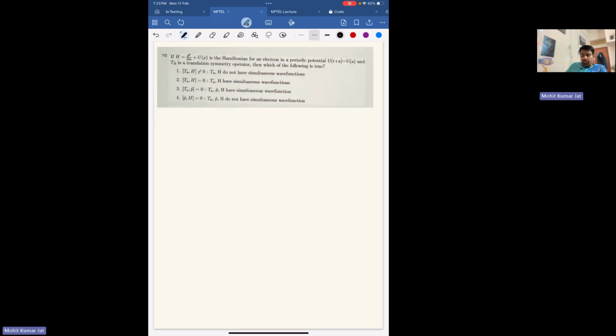Okay. Let's start. H is given as p square by 2m plus U of x, where U of r plus a is equal to U of r, a periodic potential of periodicity a. T of a is the translation operator.